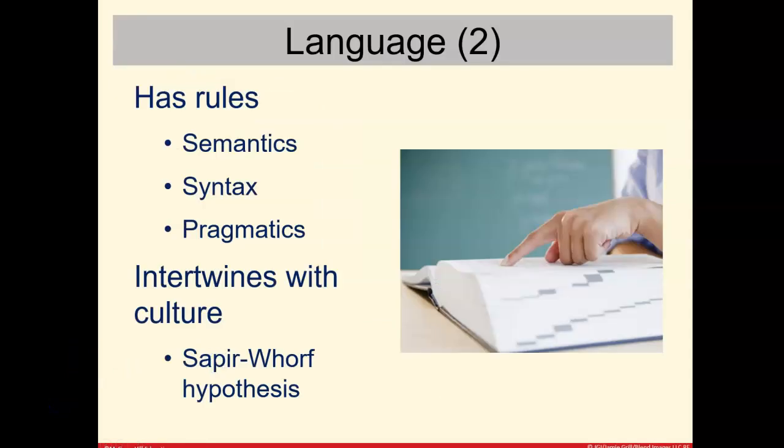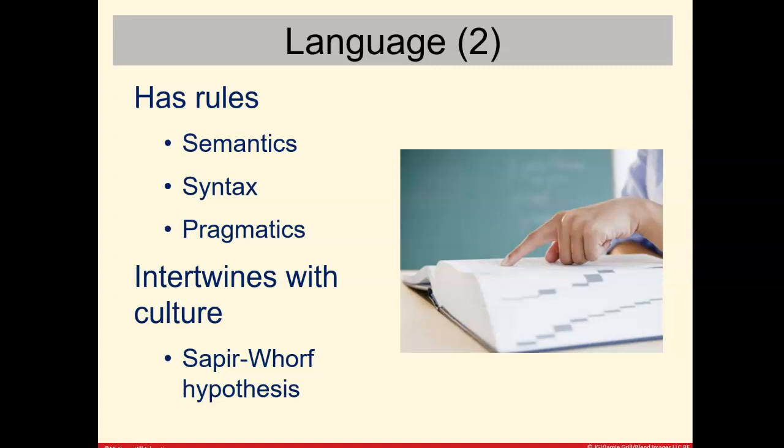The other kind of rules that we have deal with semantics, syntax, and pragmatics. Semantic rules define the meaning of a specific word, referring to the way that speakers of the language respond to that word.